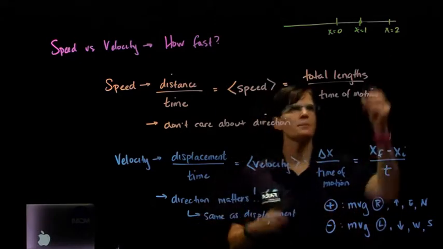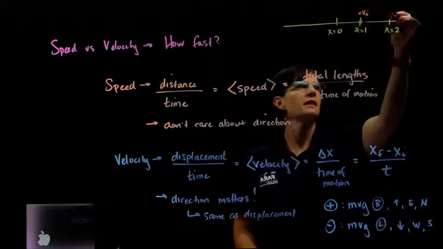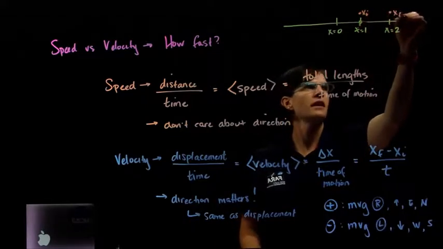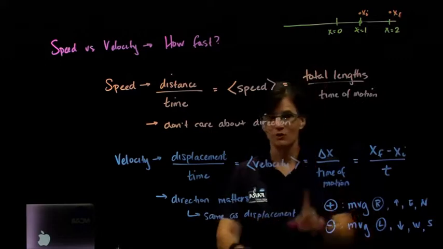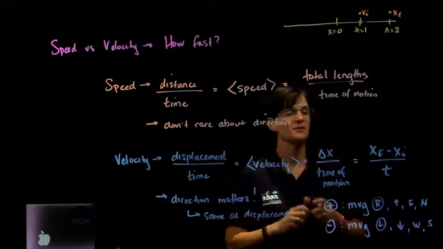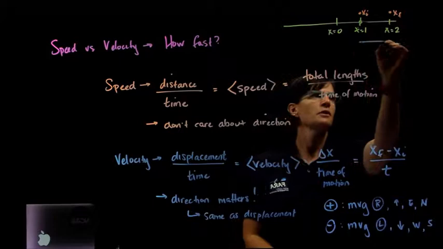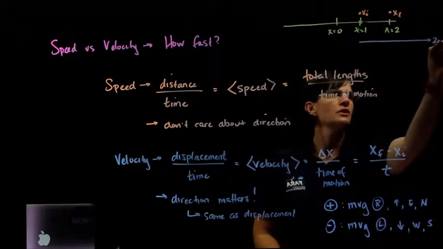Here's my initial position, and here is my final position. So that I'm defining as my initial and final position, but my motion might look different. Okay, so let's define the motion. So I start here, I move 2 meters to the right.